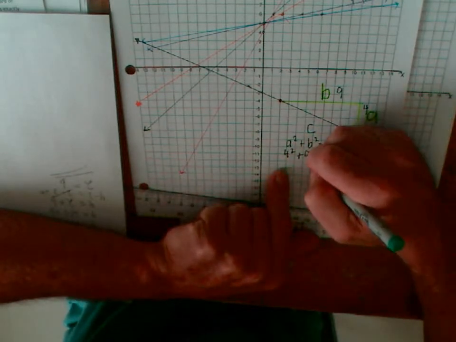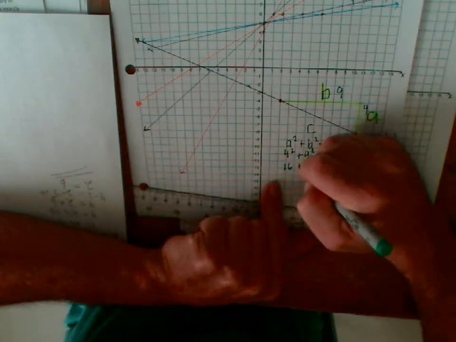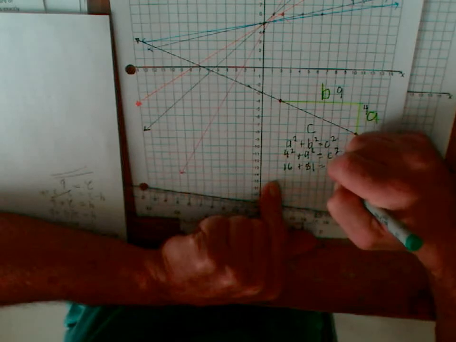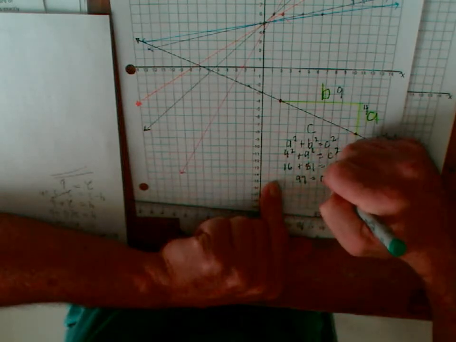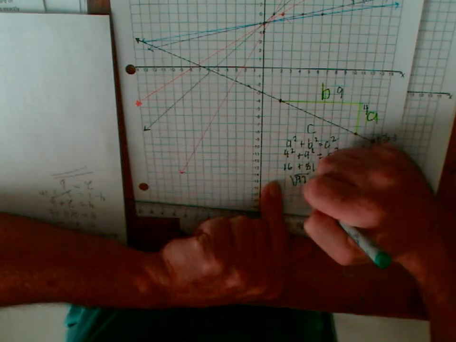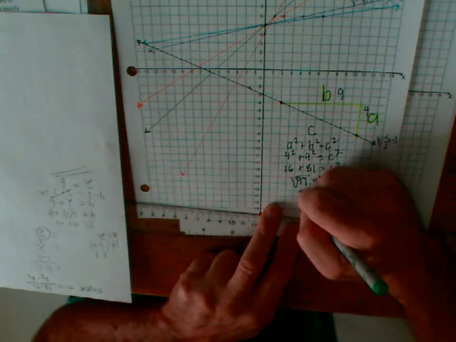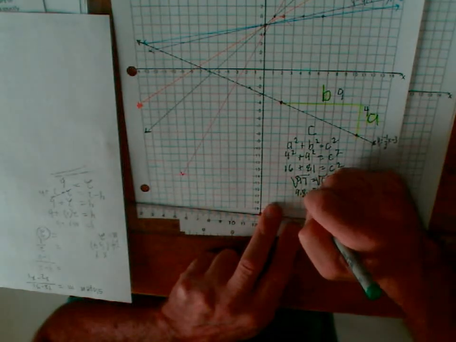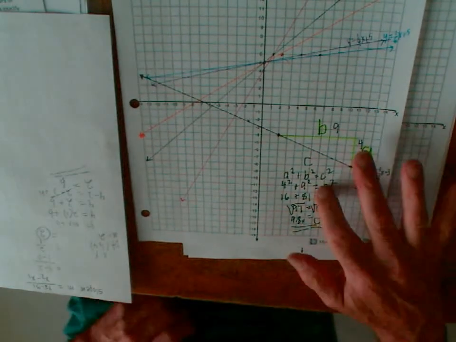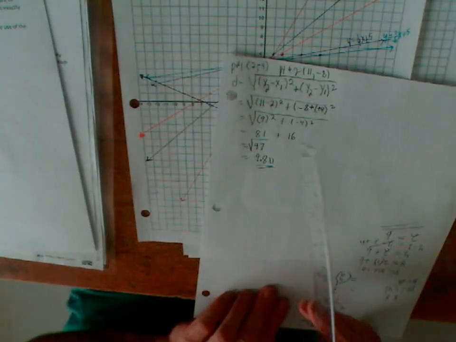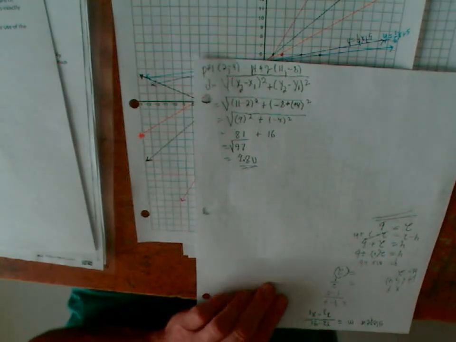B. And that's all equal to C squared. 16 plus 81 is equal to C squared. 97 is equal to C squared. And just like before, if we square root 97, what did I say we get? 9.8. So that's the same thing as using the distance formula. Okay? So that's another little ditty.